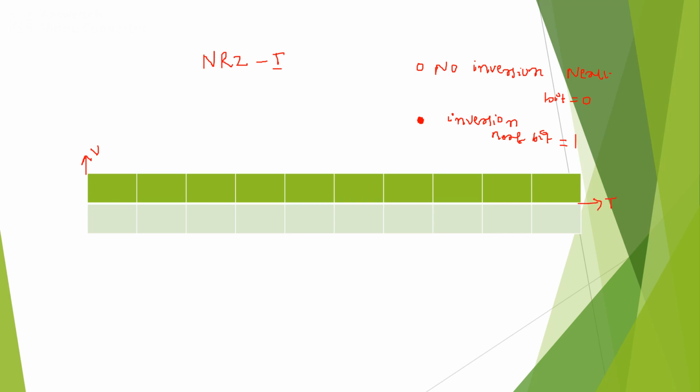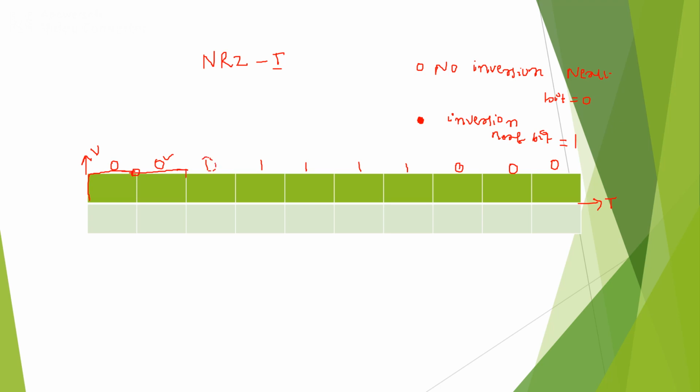So on the voltage and time axes we will consider the same pattern, that is 0 0 1 1 1 1 1 and 0 0 0. I'll consider 0 with higher magnitude. Here the next bit is 0 itself, so there is no inversion. Now I'll check the next bit.